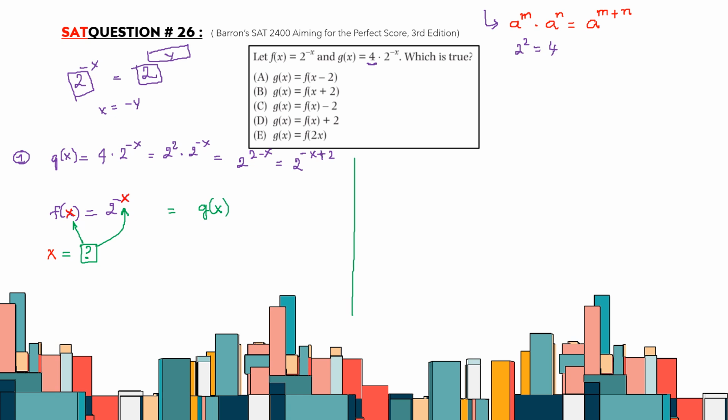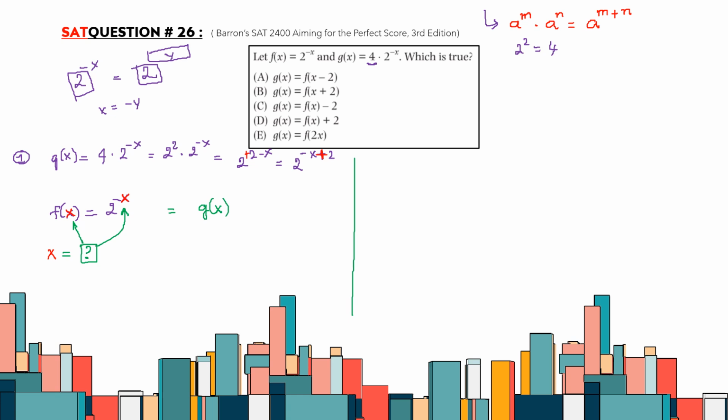So 2 minus x and minus x plus 2 are the same thing. In front of 2, that's a positive number, so we're not writing the plus sign, but it is positive. That's why when we switch the position it's still the same. It commutes.